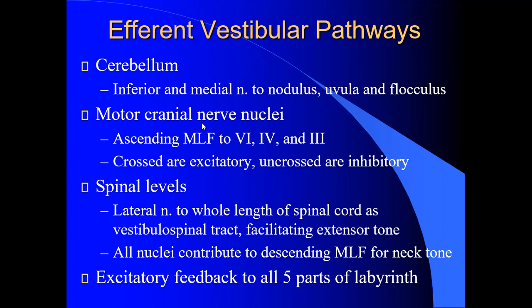So all of that is coming in through this very complex pathway, in which the crossed fibers are excitatory and the uncrossed fibers of these cranial nerve nuclei, all the way out to oculomotor, are inhibitory. And obviously, we better know what our eyes are doing. Take that same simple example.